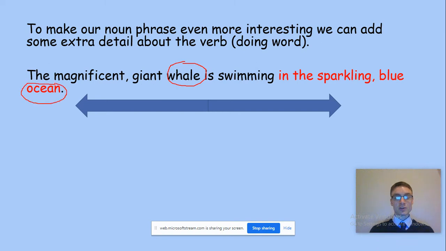And now they've got two adjectives before the whale, the noun, which are magnificent and gigantic. And they've put a comma just in between the two because they were listing the adjectives. And then also they've used two adjectives before the ocean and put a comma in between, sparkling and blue.